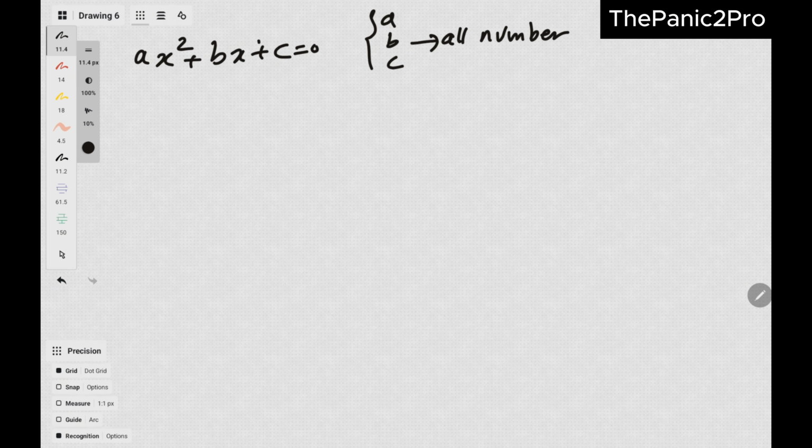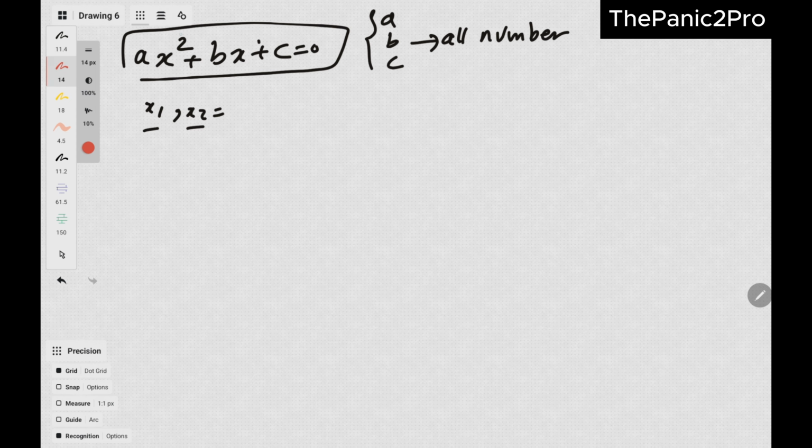So if we have this format, the roots or the answers, which are x1 and x2, because we have two answers. Why do we have two answers? Because we have an exponent of 2 here. So the answers would be minus b plus minus the square root of b2 minus 4ac, over 2a.